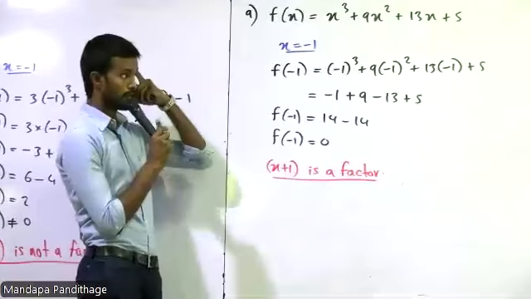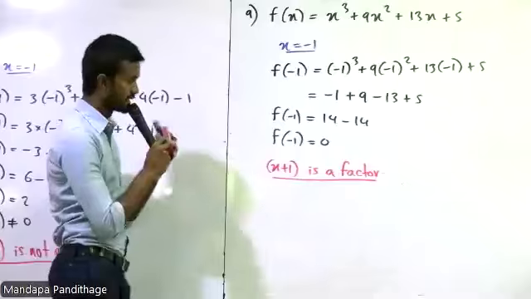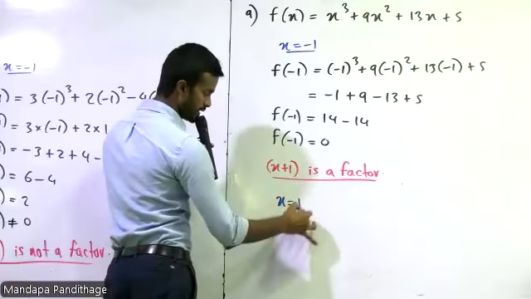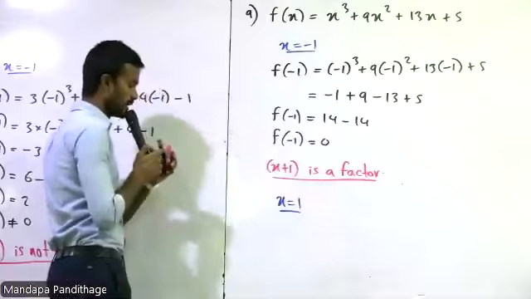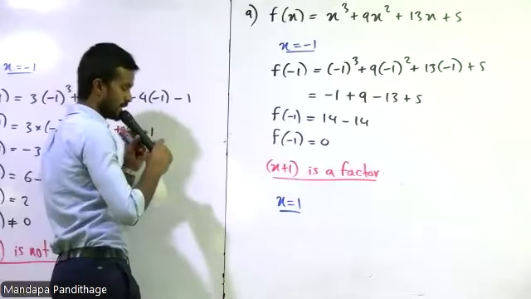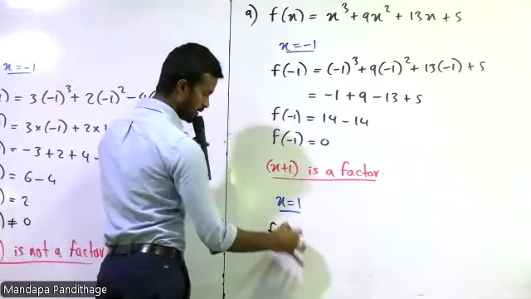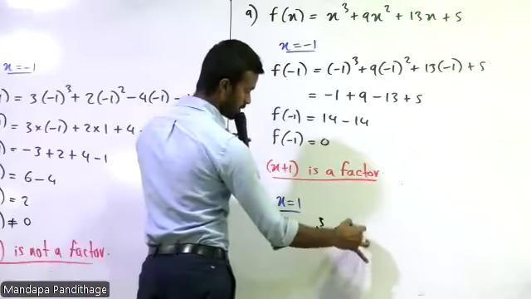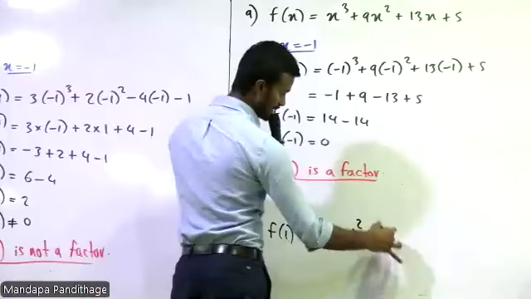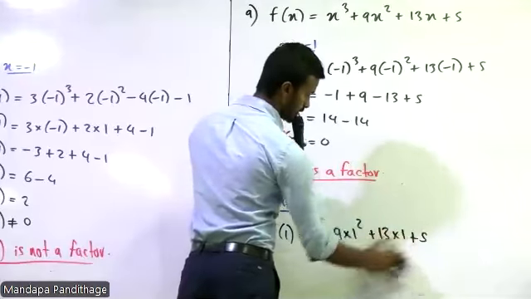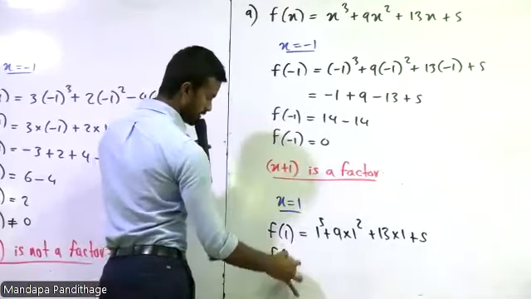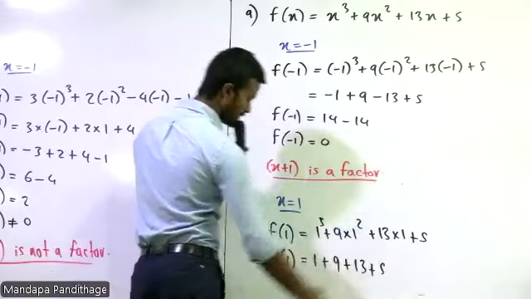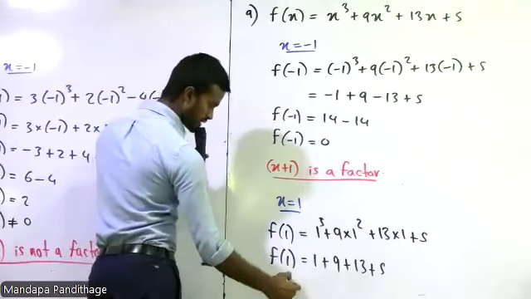Clear? Okay, next one, we have to show that x minus 1 is not a factor. Same drill, same format. Go with x equals 1. Then f(1) is equal to 1 plus 1 cubed, plus 9 into 1 squared, plus 13 into 1, plus 5. So f(1) is equal to 1 plus 9 plus 13 plus 5. Whatever value you get, that's okay.